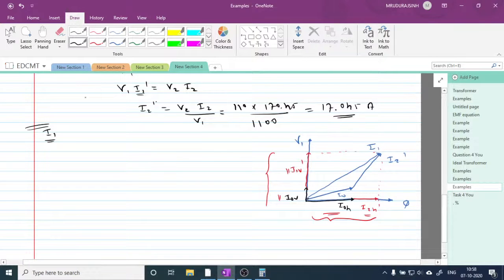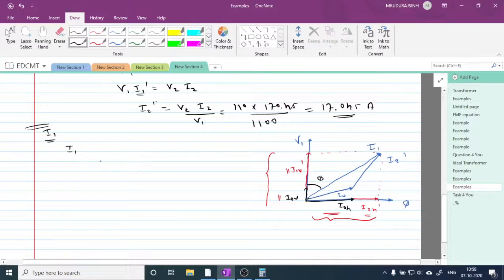And that will be I1, this will be the final angle phi. So if we want to go for the vertical component, that is cos phi, right?